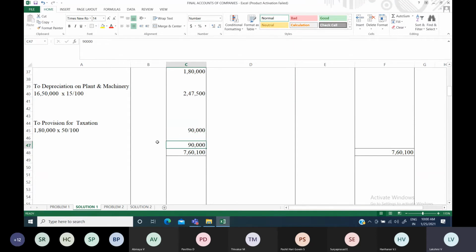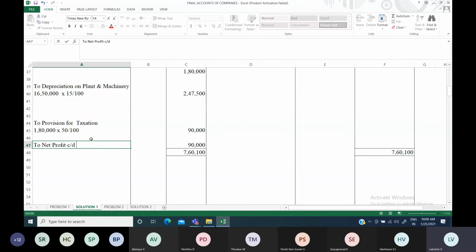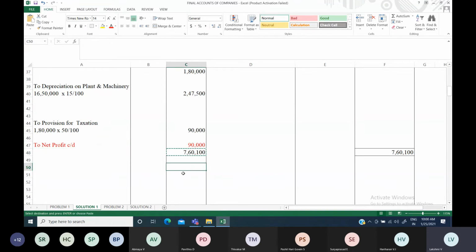Now this amount is known as net profit. So net profit carry down. This will be our net profit. This amount has to be transferred to the P&L appropriation account actually.